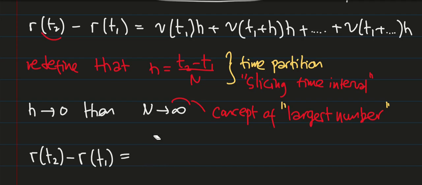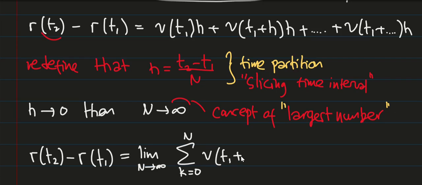Sorry, I forgot the limit. The limit as n approaches infinity of the sum from k equals 0 to n, where inside the summation is the velocity v(t1 plus k multiplied by (t2 minus t1) divided by n), multiplied by (t2 minus t1) divided by n.